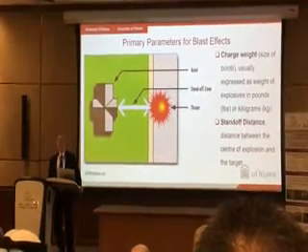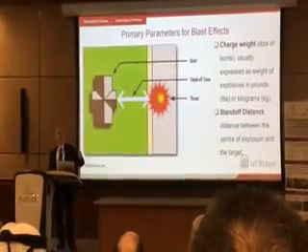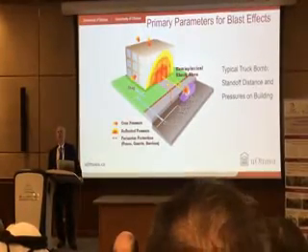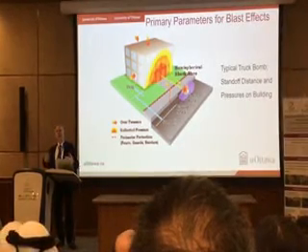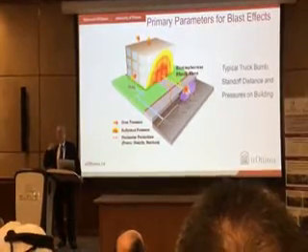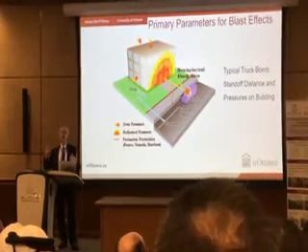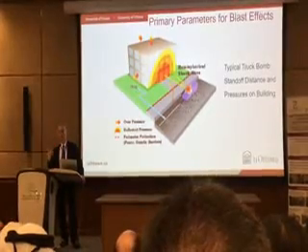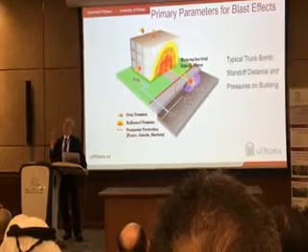Second parameter is standoff distance. This is the distance between the center of explosion and the target. And that distance is very important. So when there is an explosion in front of a building, let's say, the chemicals in the detonation are fired, and then there's tremendous energy that is discharged, and a shock wave starts moving towards the building. This shock wave creates incident pressure. Now, as soon as it comes in contact with the building, it reflects from the building.